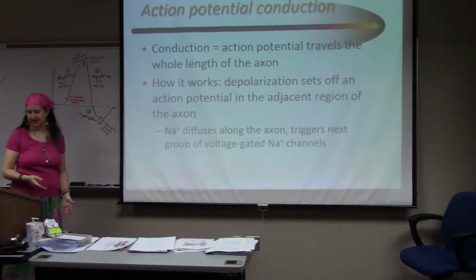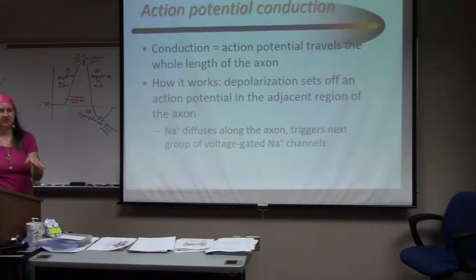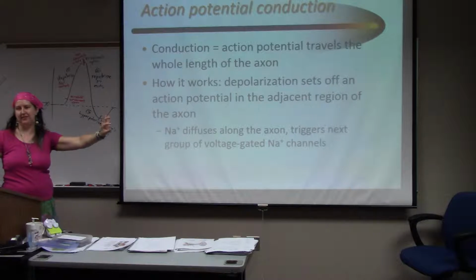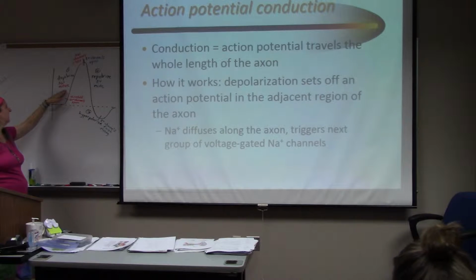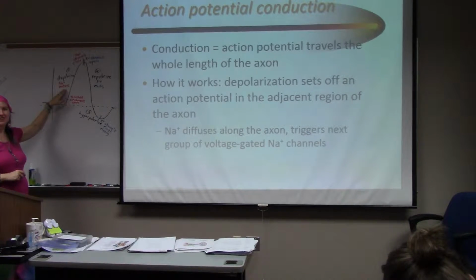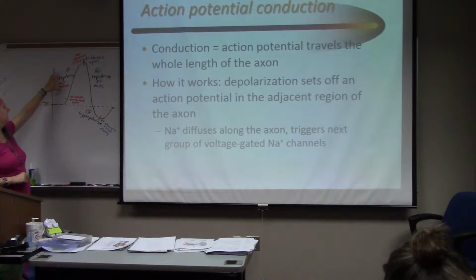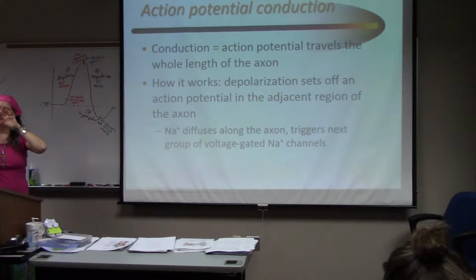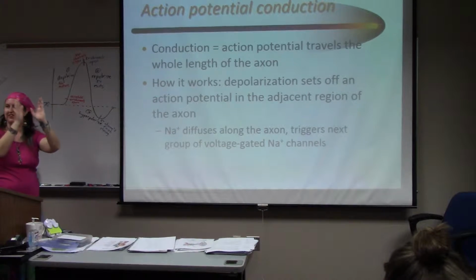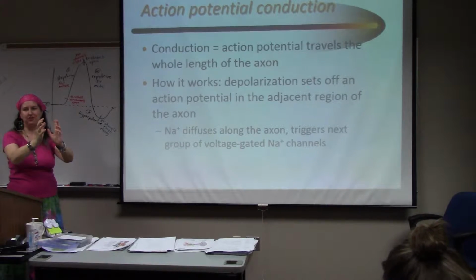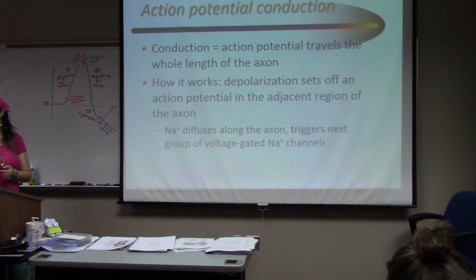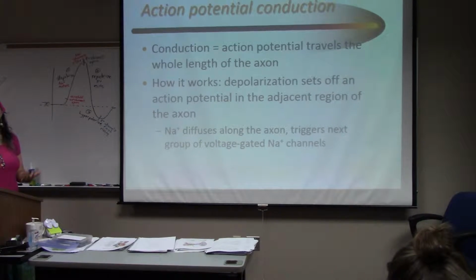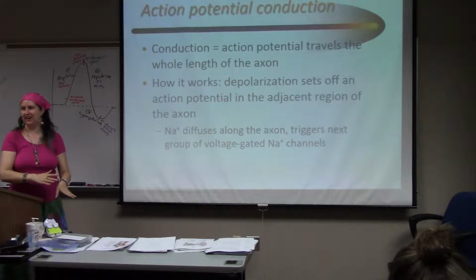The way it works is your voltage-gated sodium channels are along the whole length of the axon. And once you've opened the first set, the sodium that comes in through them and depolarizes that section spreads out a little bit and takes the next set of channels to threshold.